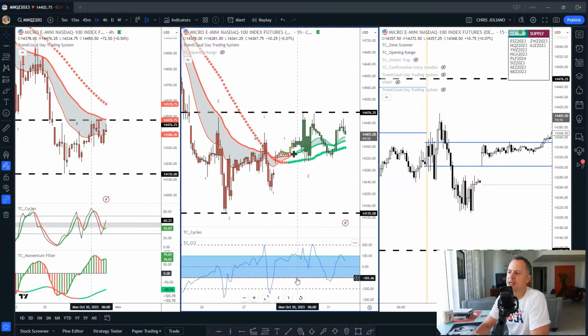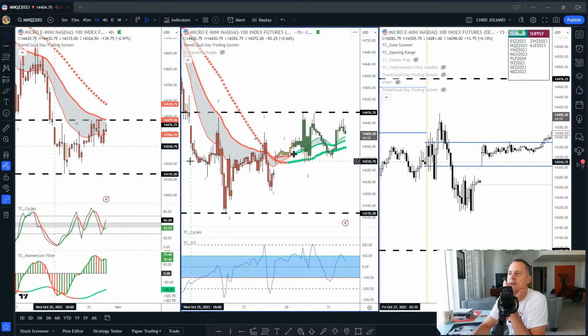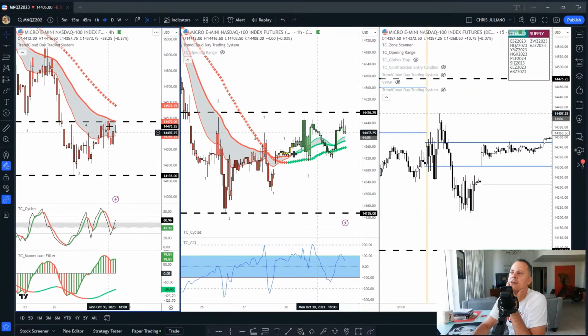Positive 100 or negative 100. So ideally, what you want is all the colors to match up, right? Look at this. High time frame, TrendCloud is red, candles are red, right? Then you want to see that you're in an impulse phase. So you want a red stochastic.